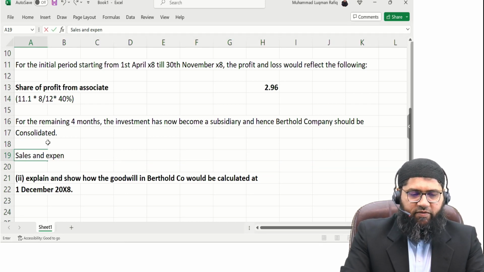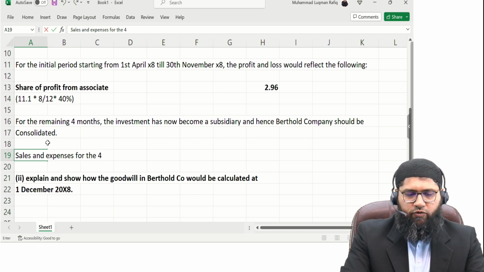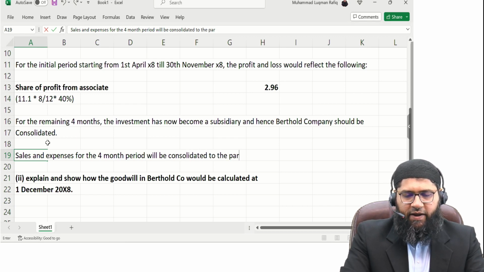Sales and expenses for the 4-month period will be consolidated to the parent's sales and expenses.